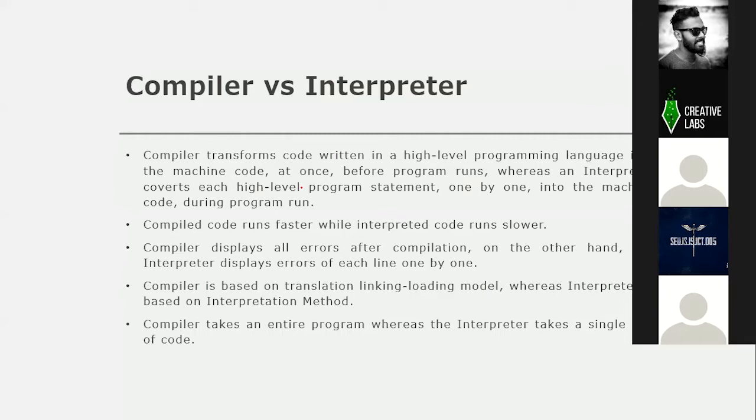In the case of an interpreter, it converts the high level program step by step. Let's say we have 5 statements in our program. The interpreter will convert each and every step one by one into machine code.